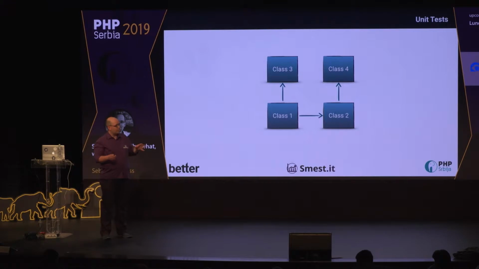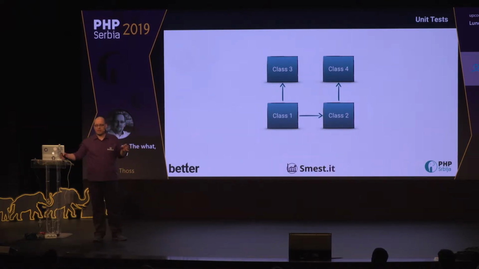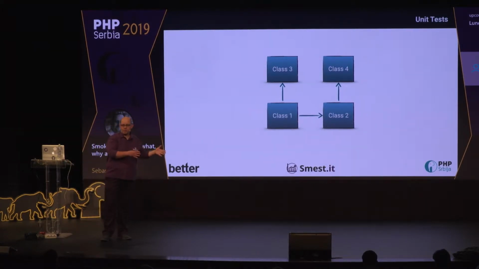That's getting tricky to build unit tests for this. But if you really follow the concept of unit testing, you're automatically writing better separated code, better domain-driven code, simply because you want to test this properly.